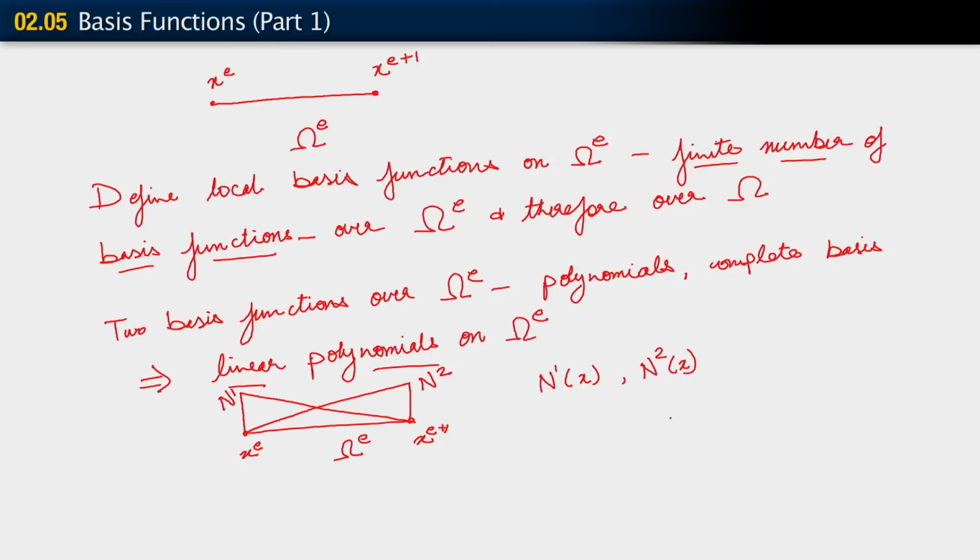With these, what we will be able to do now is to write out our finite dimensional trial solution. For the very first time, I'm going to specify that this is the finite dimensional trial solution over element E, restricted to element E, and obviously it is restricted to element E because it's over element E that we've defined our basis functions.